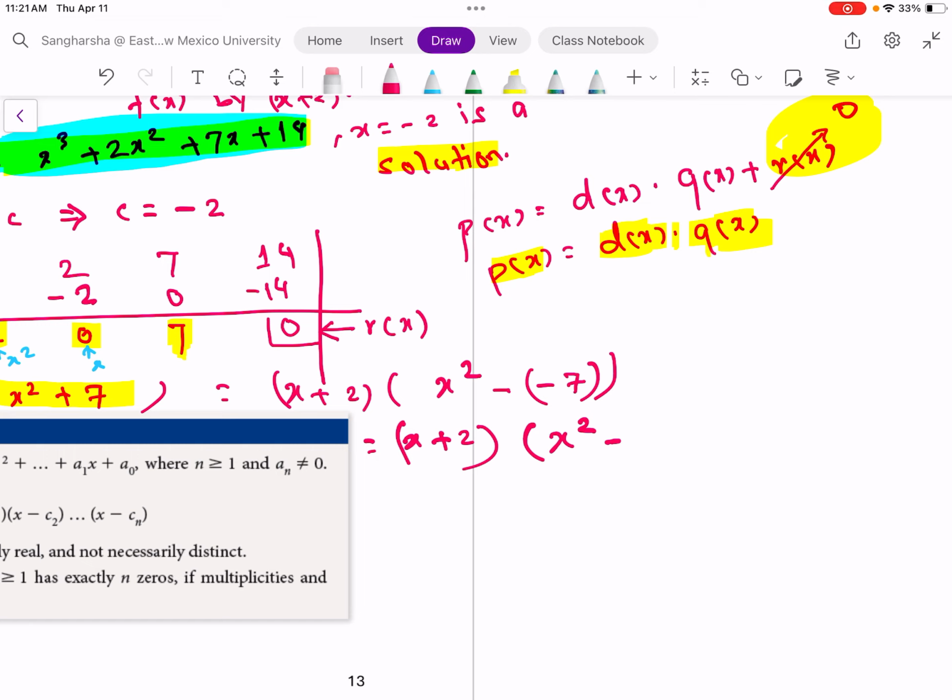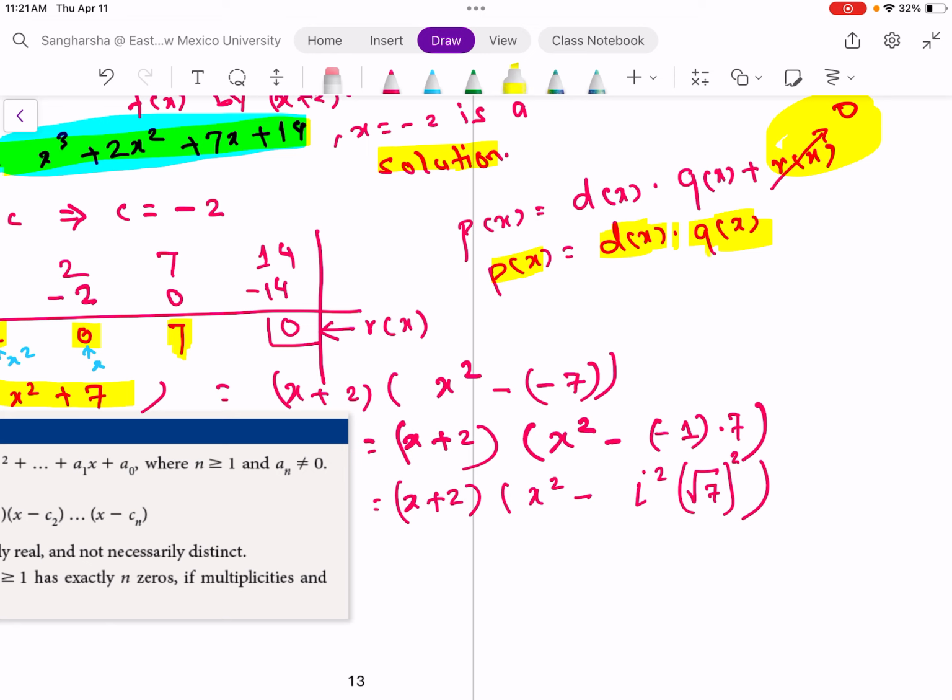Now for negative 7, can I rewrite it as negative 1 times 7? Next we have x plus 2, x square, and negative as it is. Now can I rewrite negative 1 as i square and 7 as the square of root 7? Is it still the same thing?